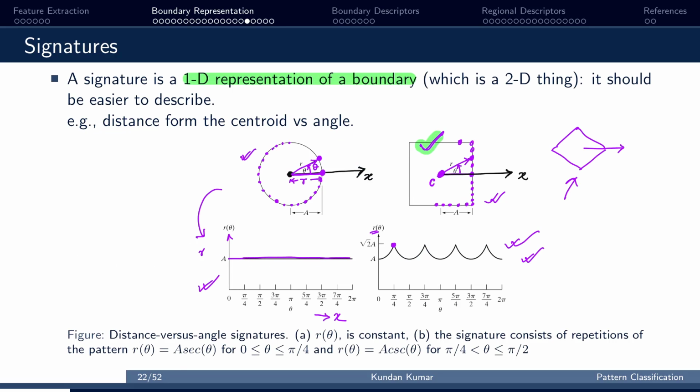For example, here we will start from this point. That means this will be our reference instead of this x. So in that case, our signature will be invariant to rotation. That means we have to find the distance and the direction in which the distance is maximum, and that will be our reference direction.